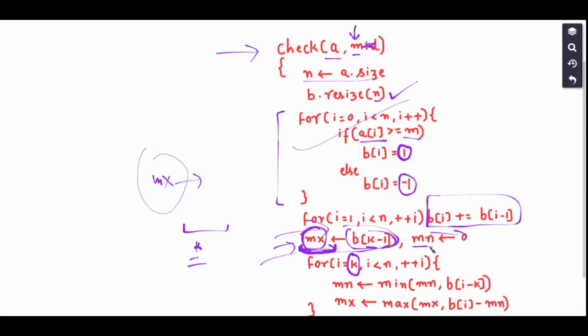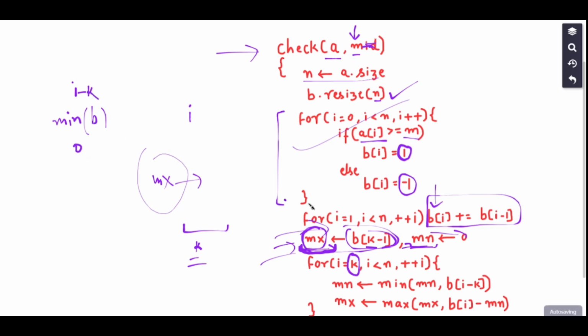Now this mn represents the minimum sum. Let's say we are standing over any position i, then this mn will store the minimum prefix sum which I built over this array B, that is the minimum for this B from position 0 till position i minus k.